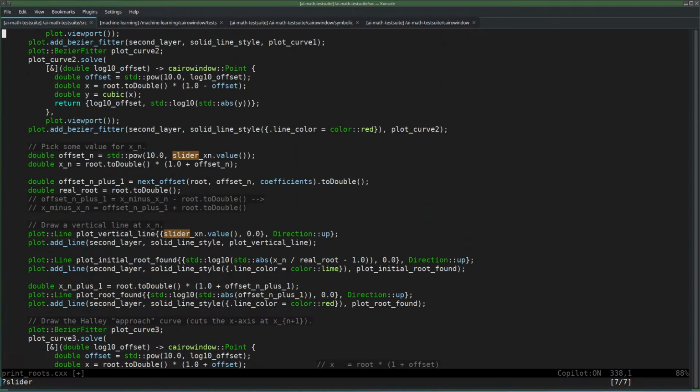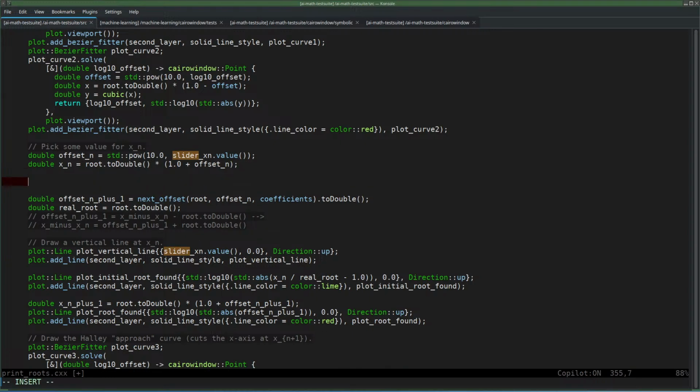I can just go from here. We have this x value, so I want to fill this value in. Yeah, so this is the x end value. That is the initial value, which is then my x value, the original x value.